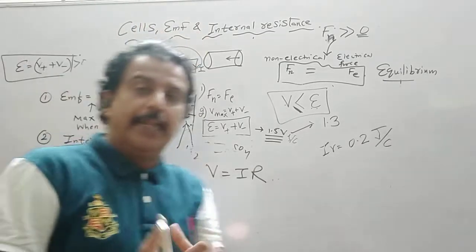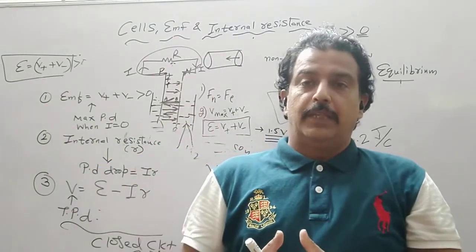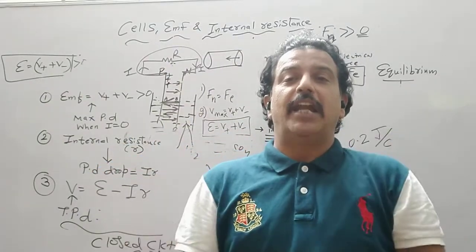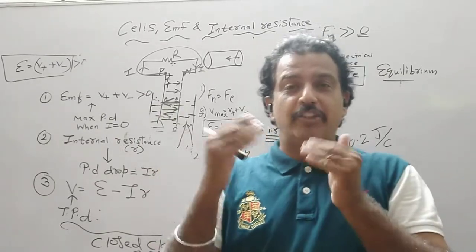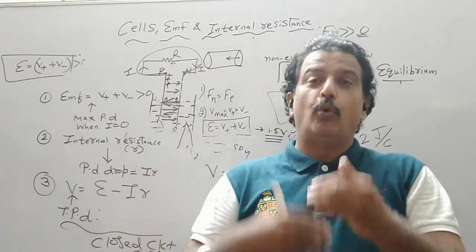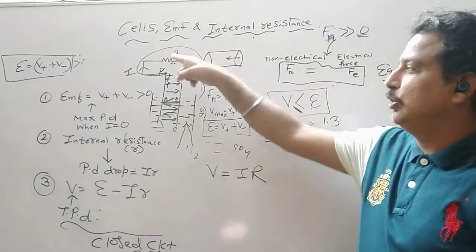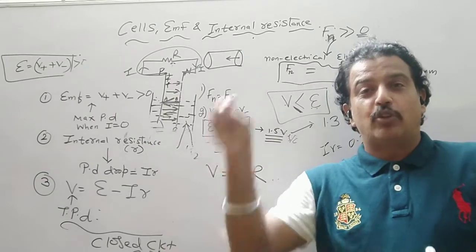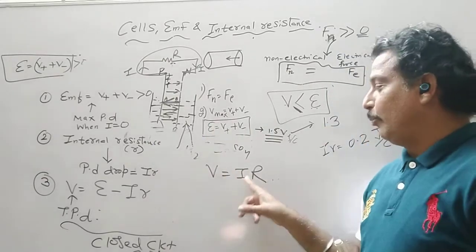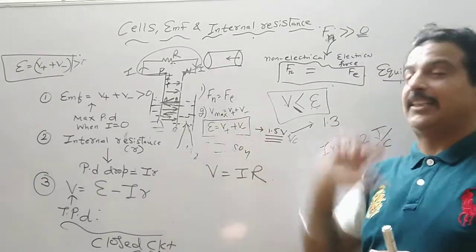So if I use an electric bulb, it will not give you 100% light energy. Some of this energy will be utilized to overcome the opposition. And what is the opposition inside the conductor? It is the collision of electrons with the ions. So this is called the potential drop of a conductor.